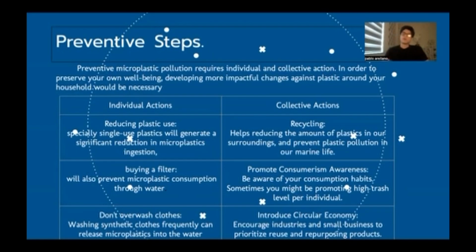Then overwashing your clothes: some types of clothes have fragments that might have microplastics. So overwashing your clothes will make these fragments break down and they go into your water system. So don't overwash your clothes, wash them normally.